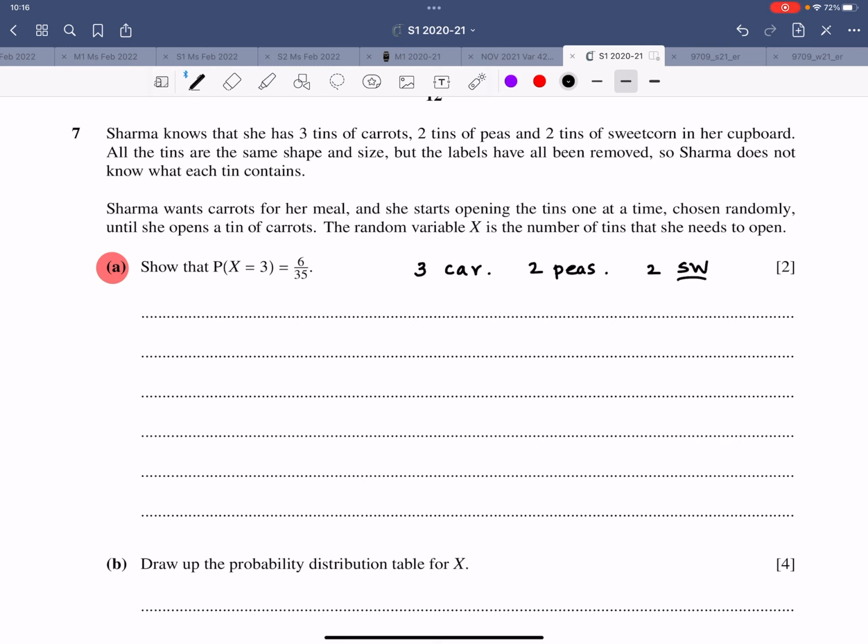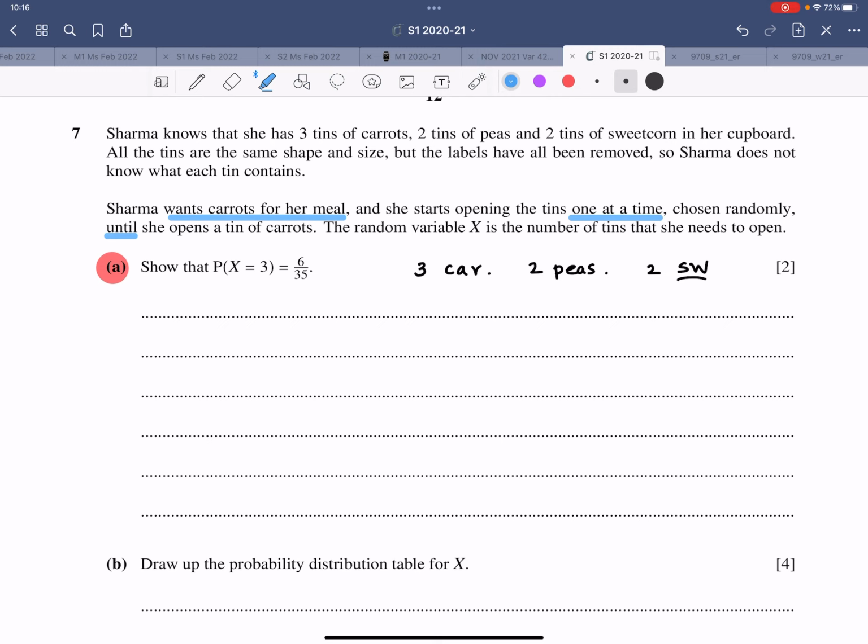And all the tins are of the same shape and size, but the labels have been removed, so Sharma does not know what each tin contains. Sharma wants carrots for her meal, and she starts opening the tins one at a time, chosen randomly, until she opens a tin of carrots. The random variable X is the number of tins that she needs to open.